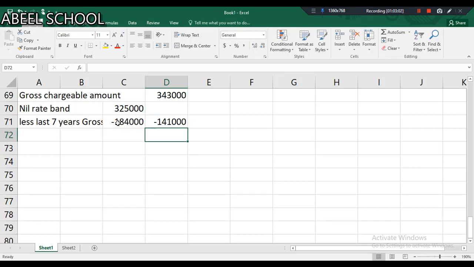From 343,000, I will deduct 141,000. I will get the taxable amount. So taxable amount is 202,000. Inheritance tax is 40% on death tax. So this is the taxable amount.